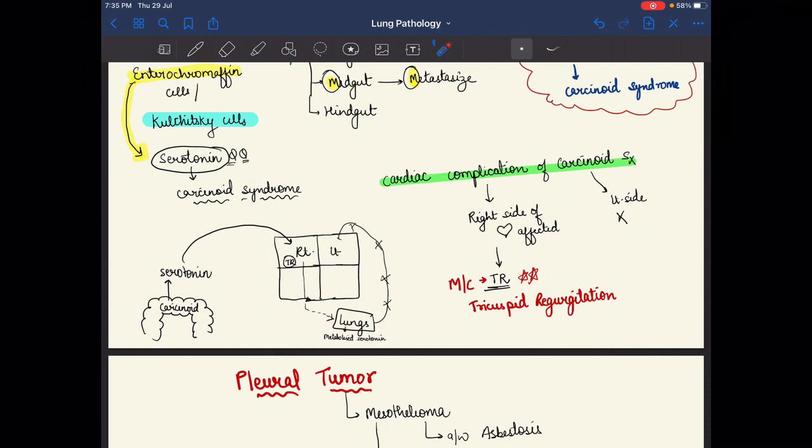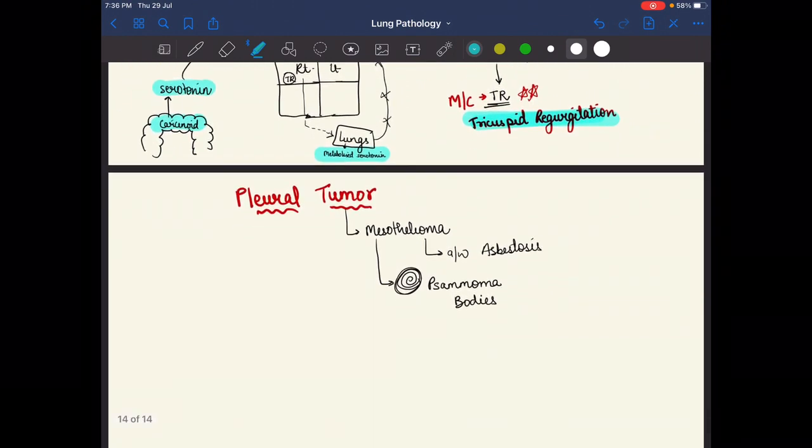Because the lungs metabolize the serotonin, that's why there is no involvement of the left side. The most common heart defect seen in carcinoid syndrome is tricuspid regurgitation.